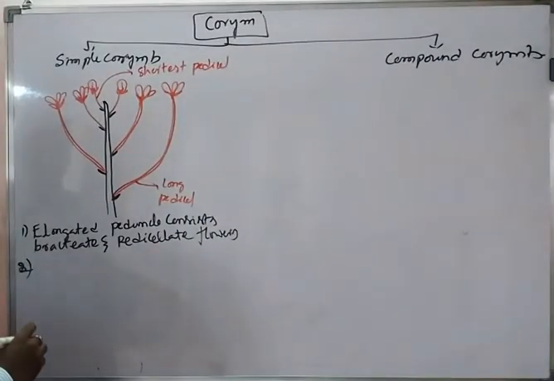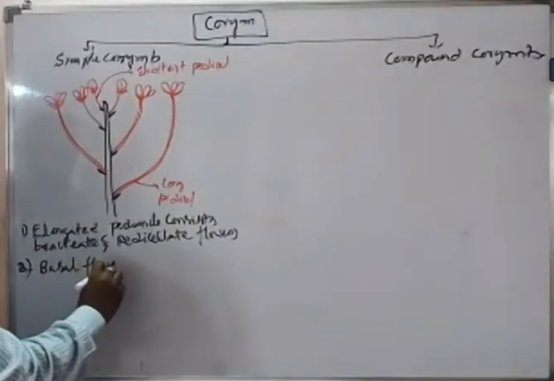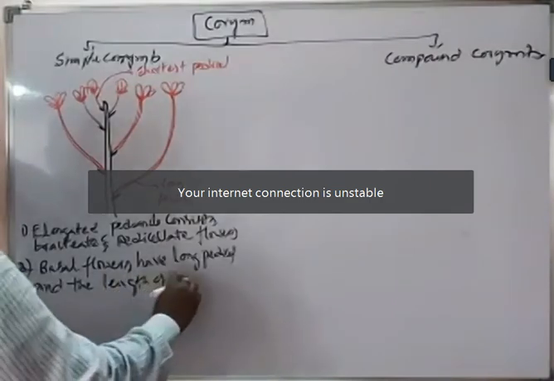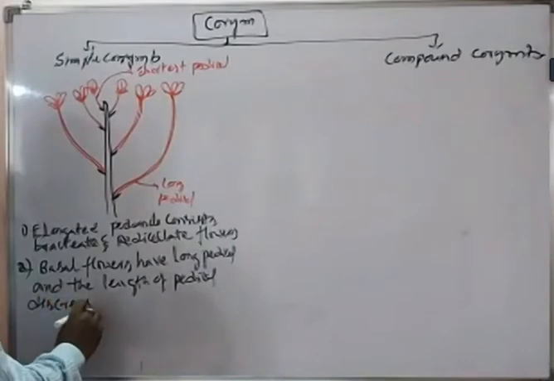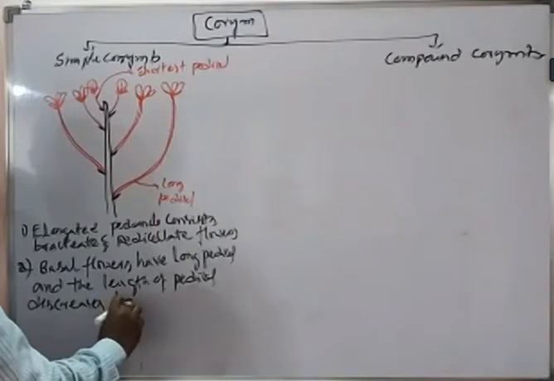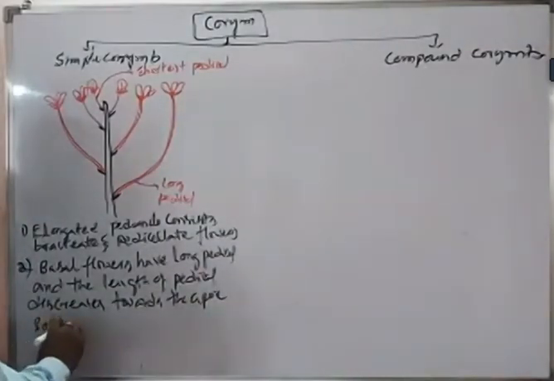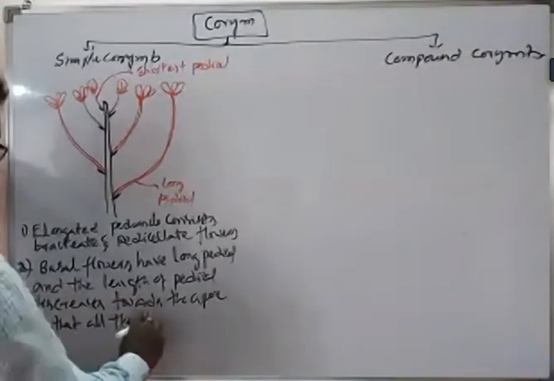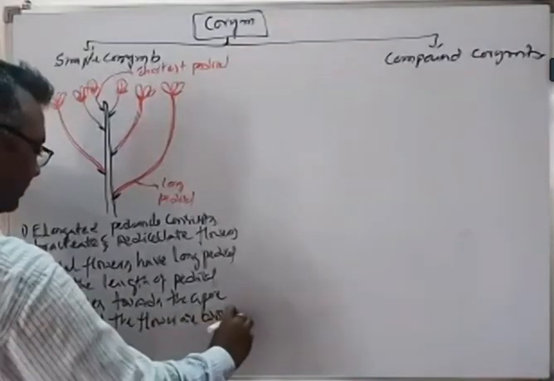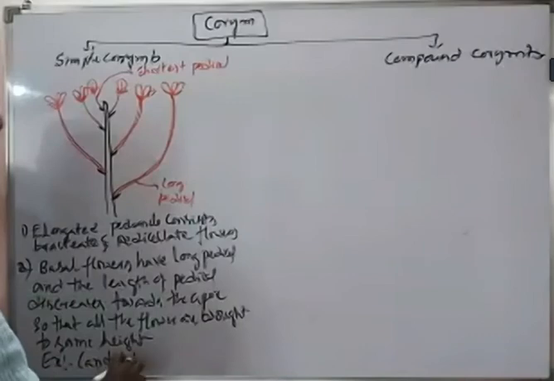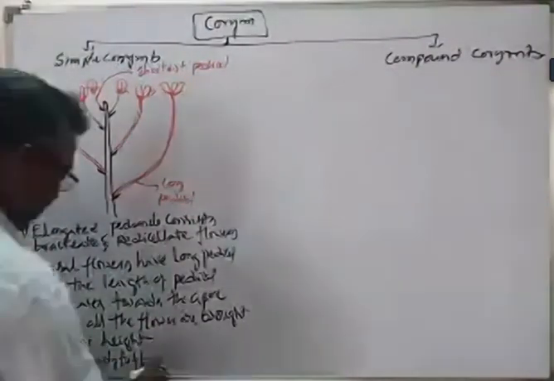Next, basal flowers have long pedicels and the length of the pedicel decreases towards the apex, so that all the flowers are brought to the same height. Examples: candy tuft and capsella.